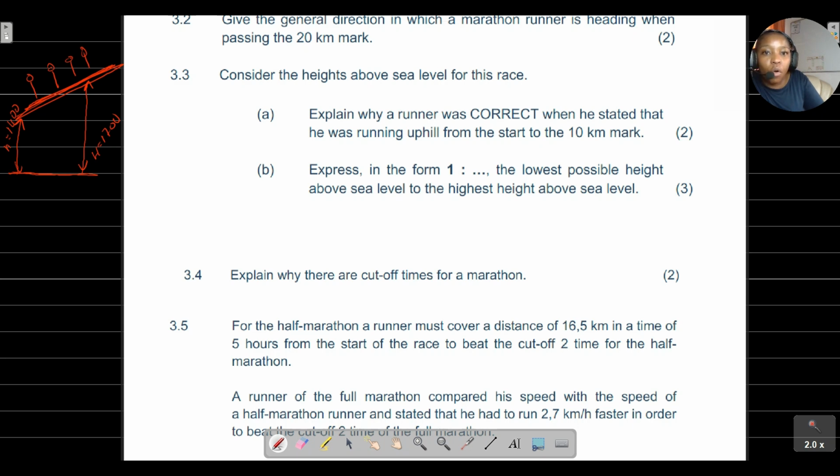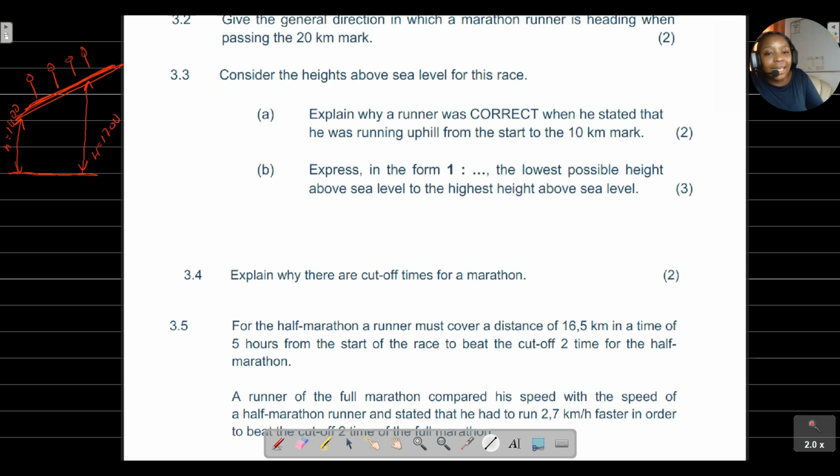Express in the form 1:something, the lowest possible height above sea level to the highest height above sea level. All right, so we can see here that we're given a ratios question. Also, all the time with these ratio questions, they tell you how you need to set up your question. So all that you need to do at this point is establish what you need to focus on.